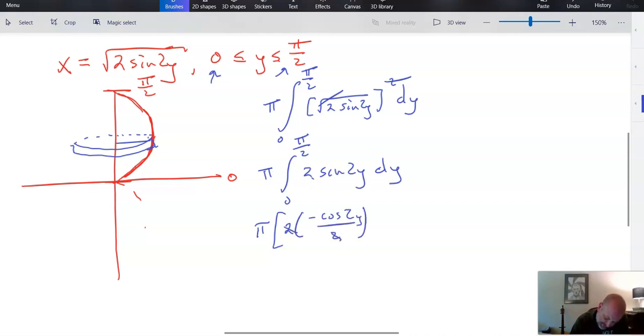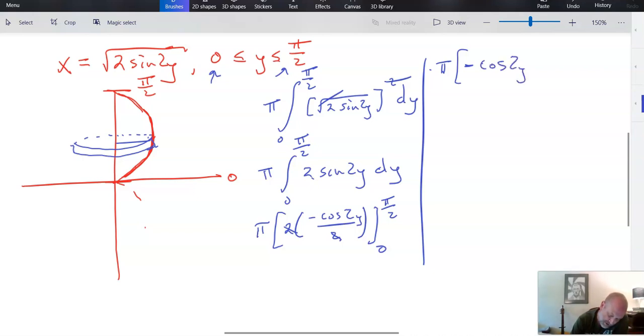So those will cancel. Evaluated from 0 to pi over 2. Right, so I can actually just look at this. This is pi times, actually I can put the negative, can I put the negative on the outside? I'll put it on the inside, it's better. Of negative cosine 2y evaluated from 0 to pi over 2.